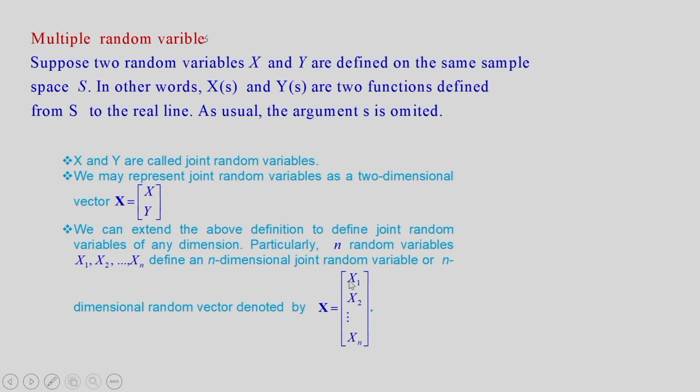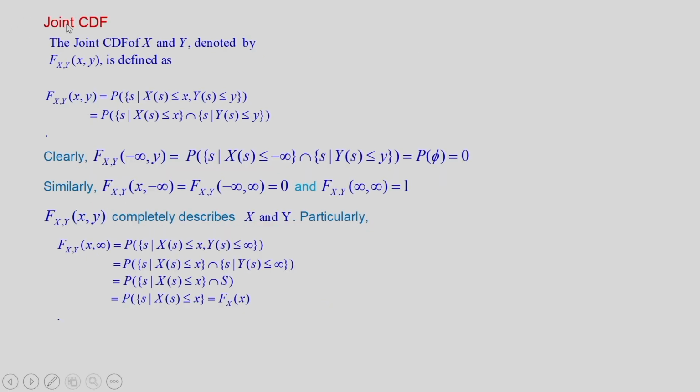Now, how to characterize multiple random variables? We have the joint CDF. The joint CDF of X and Y, denoted by capital F_XY(x,y) at point (x,y), is defined as, how do we define? This is the probability of those s for which X(s) is less than or equal to small x and Y(s) is less than or equal to small y.